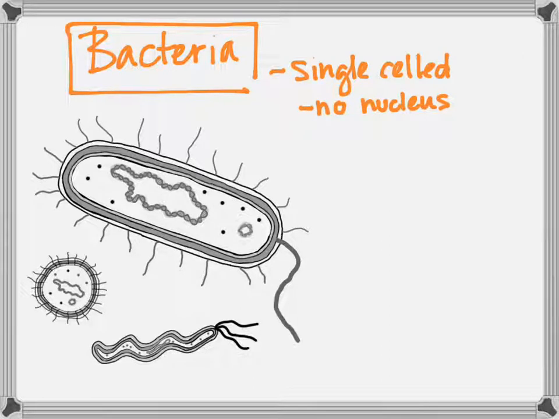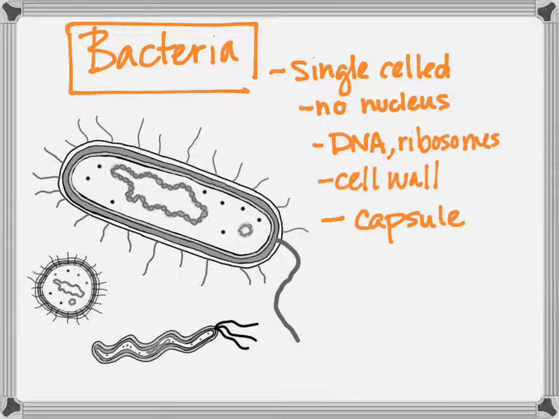Their DNA is just loose in there in the form of a circular chromosome. And they've got some ribosomes. They have a cell membrane like everything, but they've also got a cell wall. And then, most of them at least, have a capsule around them that helps protect them. Okay, again, pretty basic. They're prokaryotes. Pro, like proto. Some of the first living things on Earth looked an awful lot like bacteria.